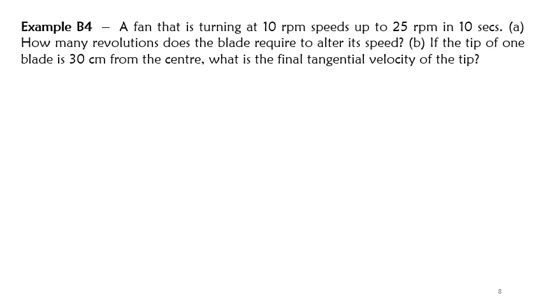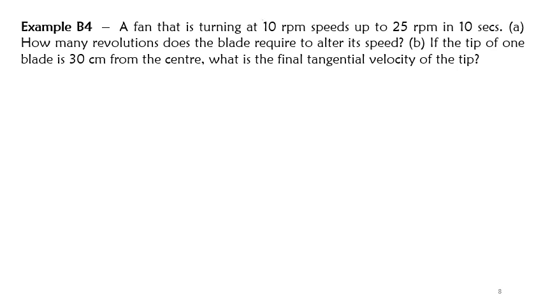Then you have another example. A fan that is turning at 10 revolutions per minute, RPM, speeds up to 25 revolutions per minute in 10 seconds. Revolutions per minute means angular velocity.